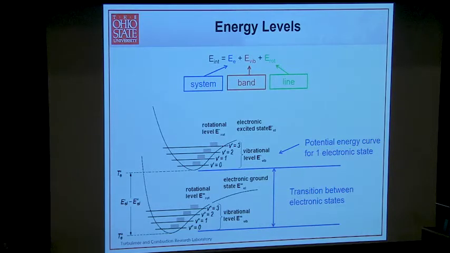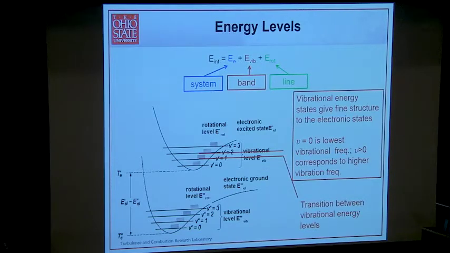We'll talk about this at the end of the lecture, say going from what we refer to as T double prime to T prime. Within an electronic state, we can have various vibrational energy states here, V prime 0, 1, 2, 3. The vibrational energy states give the electronic state its fine structure, okay?